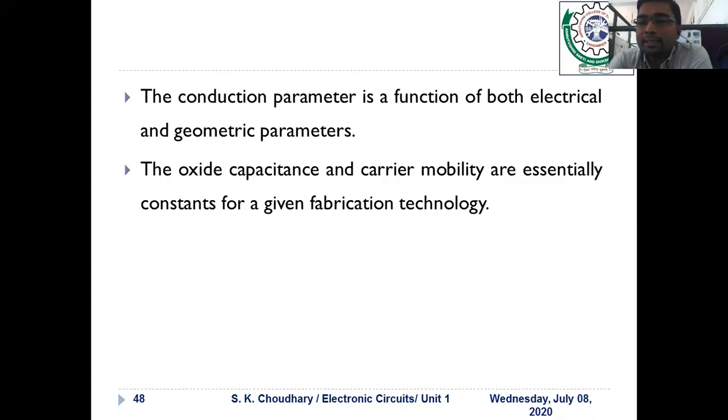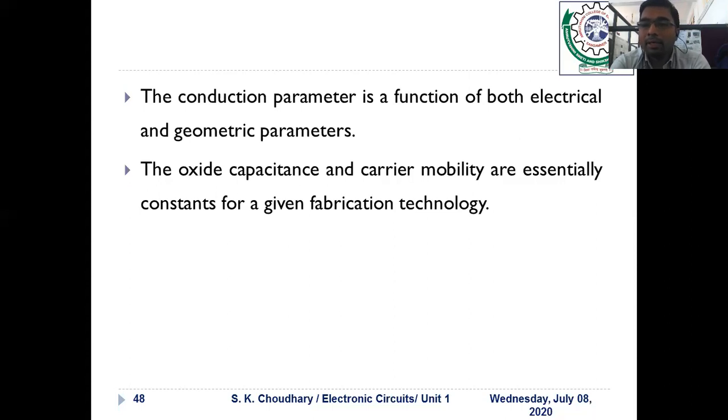Generally MOSFETs are manufactured using some fabrication technology, in terms of nanometers. Nowadays it is possible to manufacture 10 nanometer MOSFETs also. So whatever MOSFET you have chosen or purchased, whether it is made under 10 nanometer or 65 nanometer, for this particular technology your oxide capacitance and carrier mobility remain the same or constant.